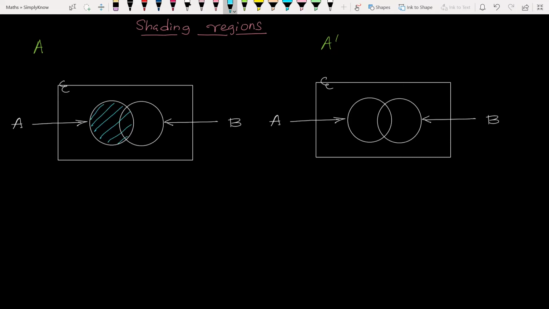Now what about A complement? A complement is the exact opposite of A. Therefore, the region of A complement is the region outside A. So here we need to shade everything outside set A, like this.